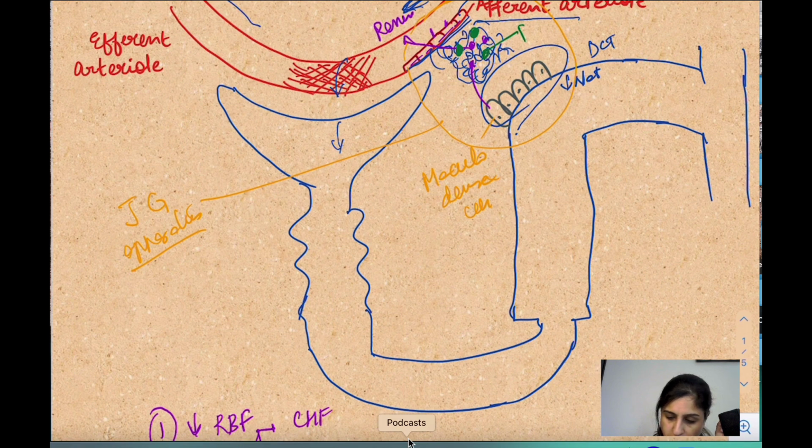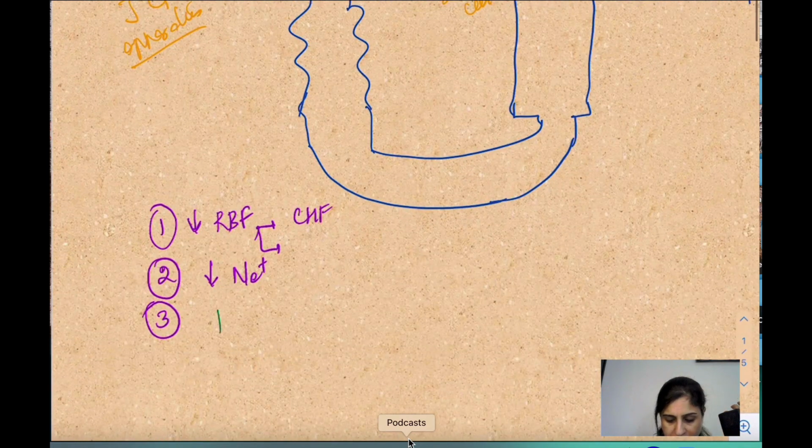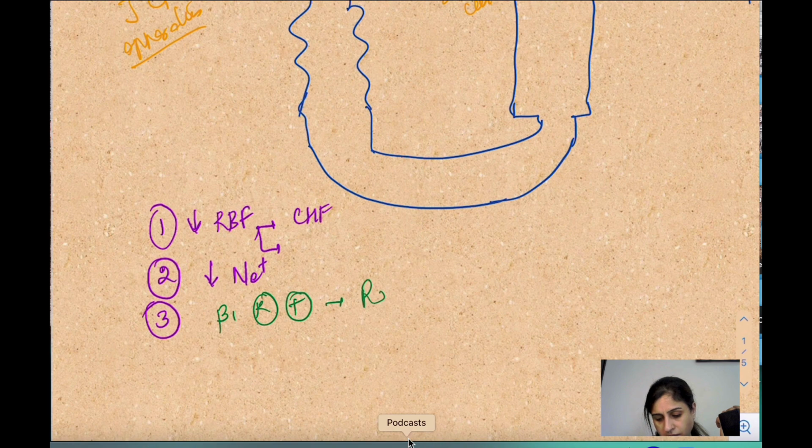They are the beta 1 receptors. So when there is sympathetic stimulation, the beta 1 receptors get stimulated and they cause release of renin. So all these three conditions lead to increased renin in the circulation.